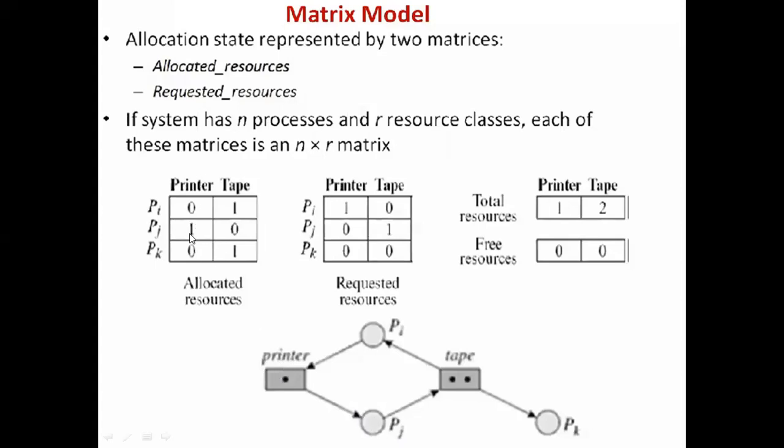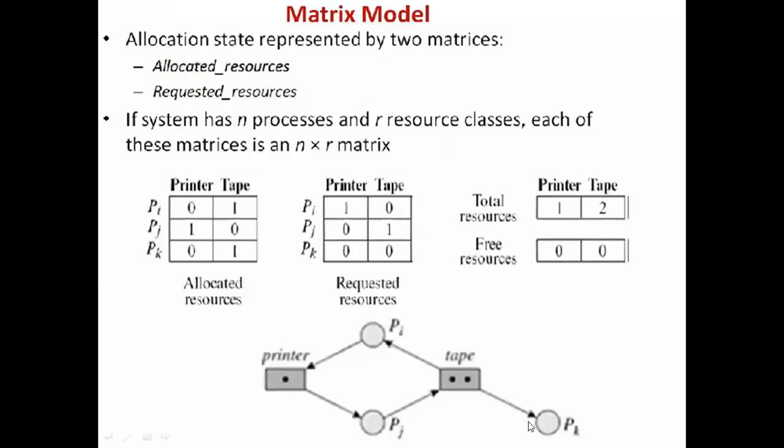Hence, I can write here 1. And this particular PJ is not being allocated any tape resource. Hence, here you can write 0. Means no resource of tape is allocated to the process PJ. Hence, here I have written 0.